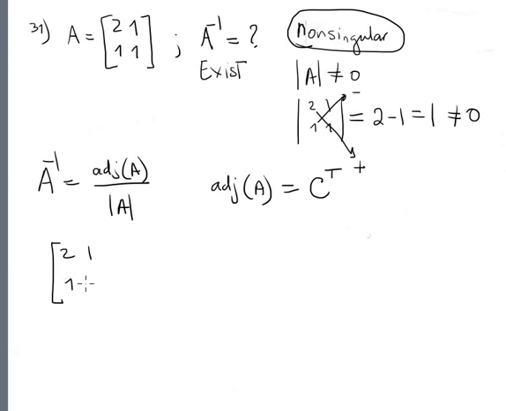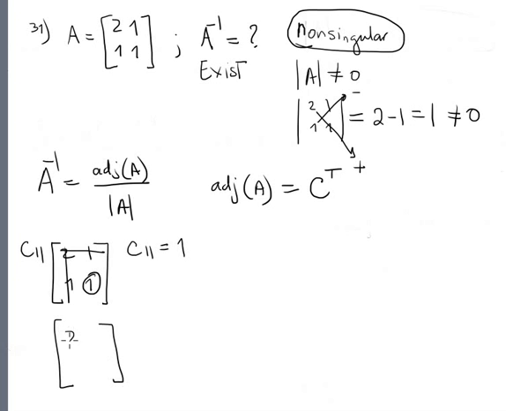The cofactor is extremely easy in 2 by 2. Suppose this is the matrix, 2, 1, 1, 1, the original matrix, and you determine the cofactor. The cofactor 1, 1 is equal to 1.